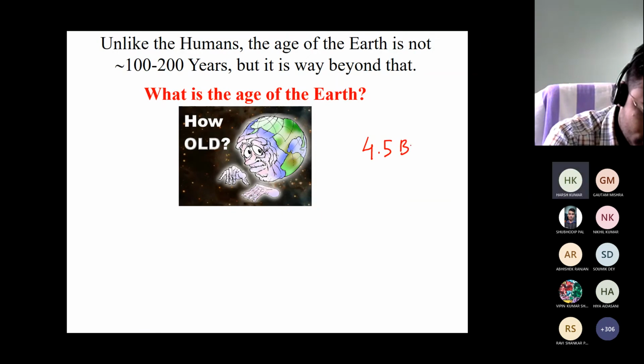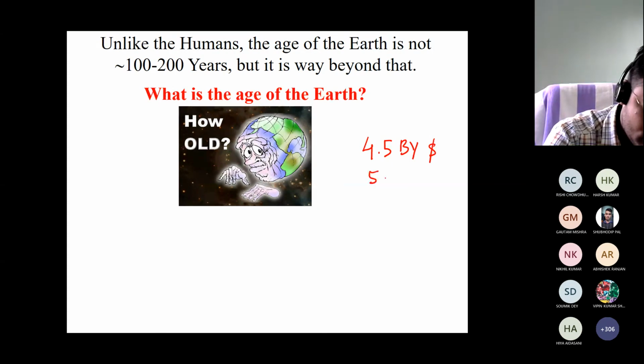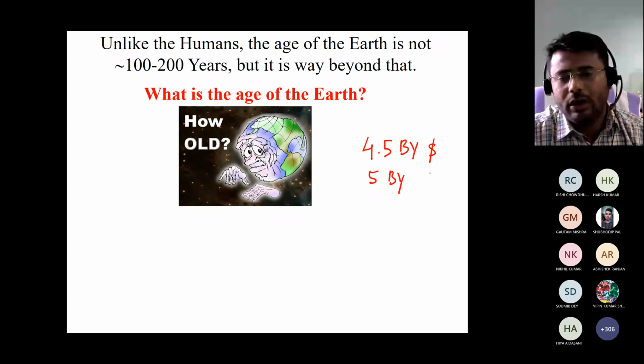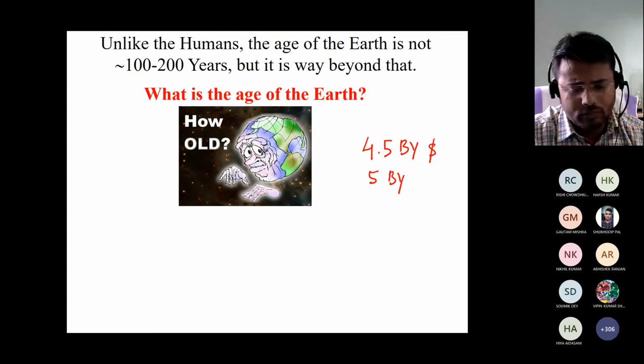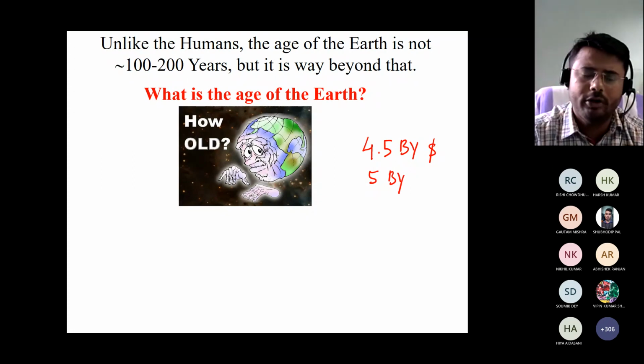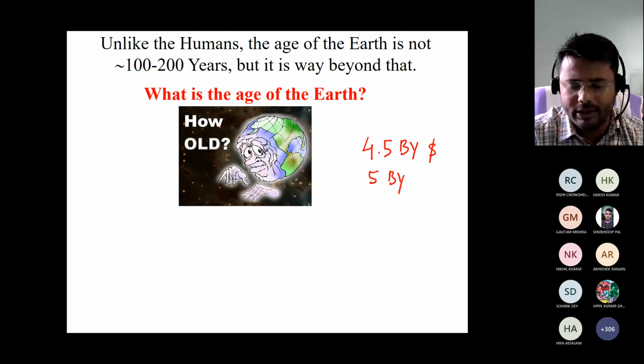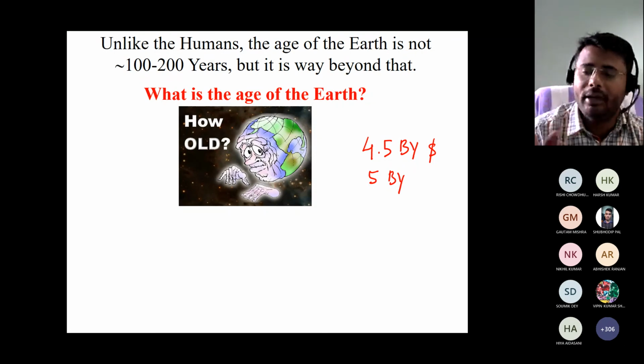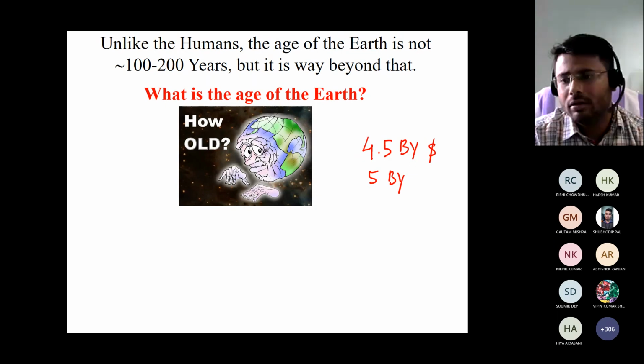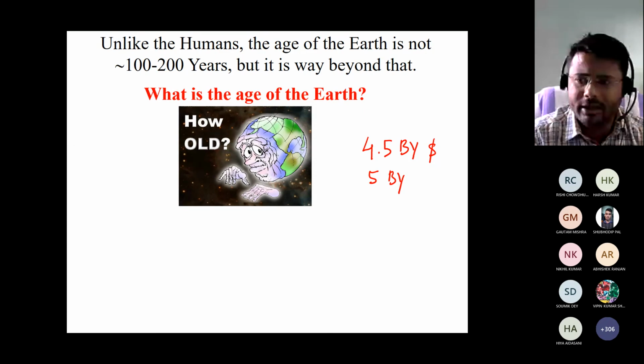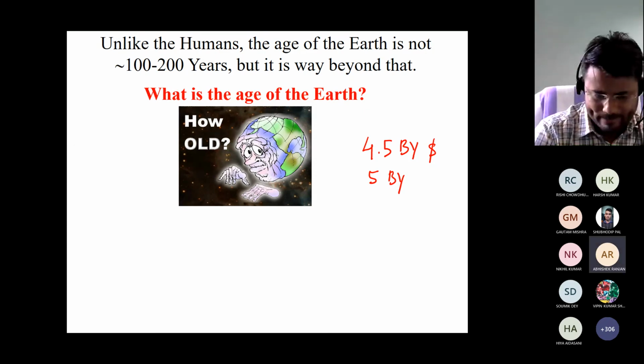Four, 5 billion years. So I am getting two contrasting views. One is saying 4.5, the other one is saying 5 billion years. But in any way, it has to be more than 4 billion years, right?